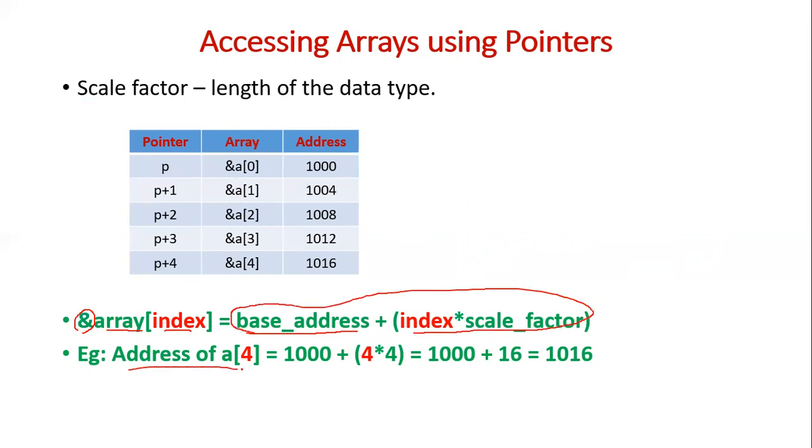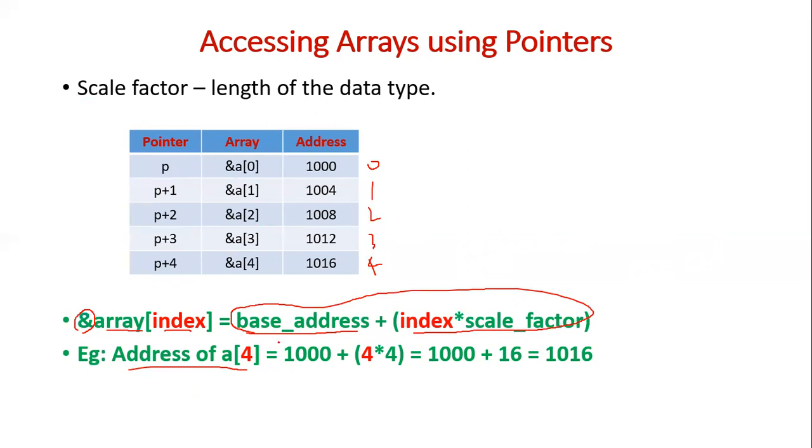If you want to know the address of the fourth location of the array, where this is the 0th location, this is the first, second, third, and this is the fourth location, then what is the address of A of 4 equal to?